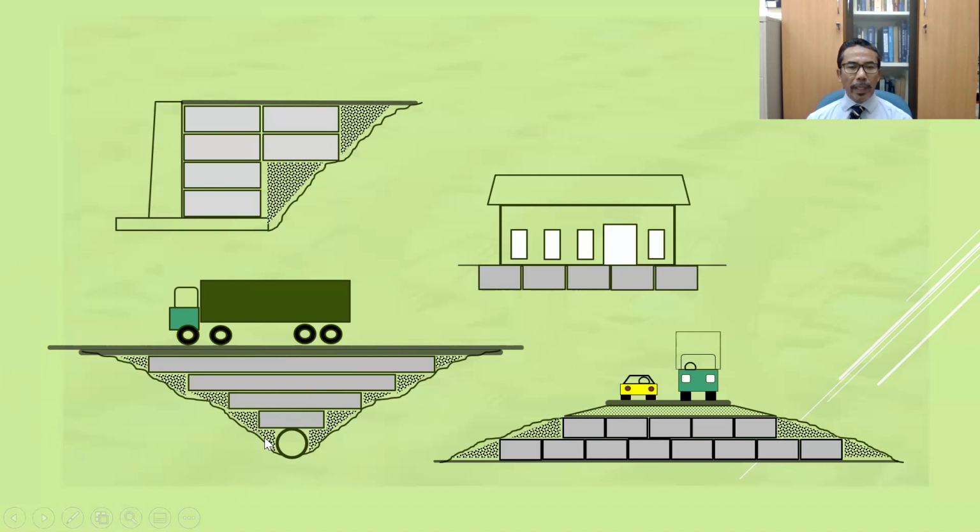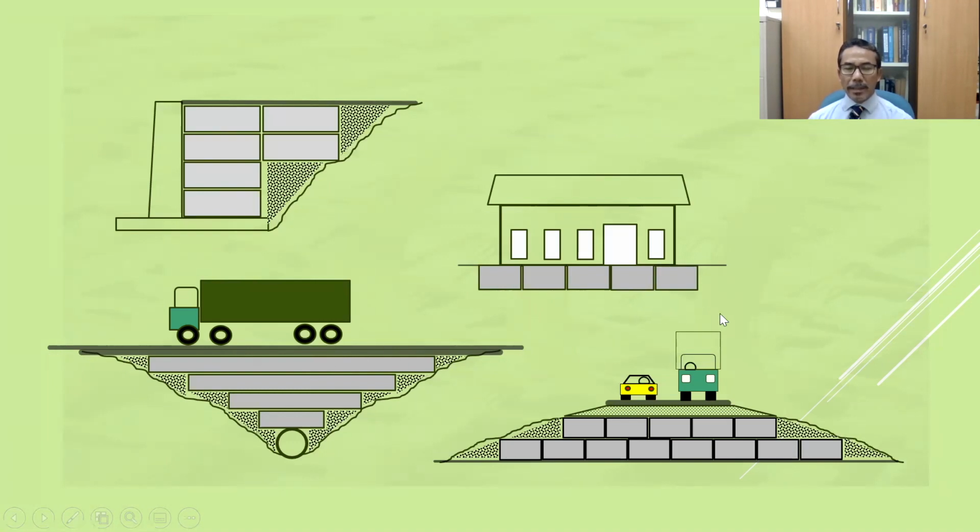Instead of using soil as the backfill material, where the soil normally has a density of about 1,800 kilogram per meter cubed, by replacing the soil with this geofoam, which normally has a density of 30 kilogram per meter cube, the stress exerted to this culvert can be reduced significantly, so that the damage to this culvert can be avoided. On top of this geofoam, other structure can be constructed, such as a road.